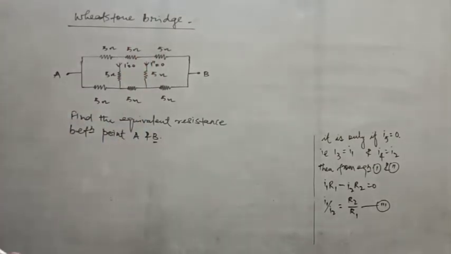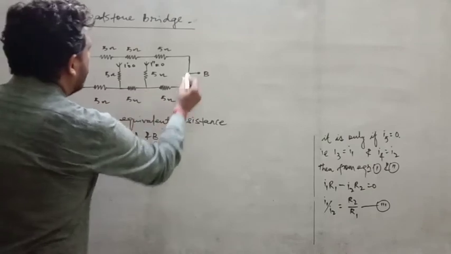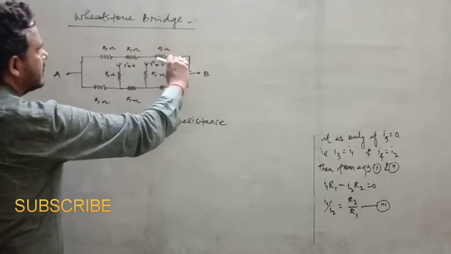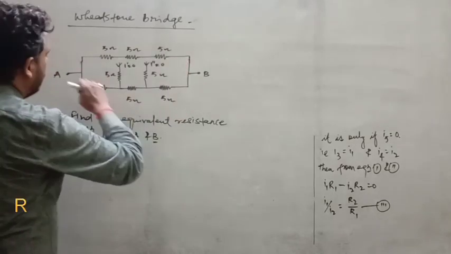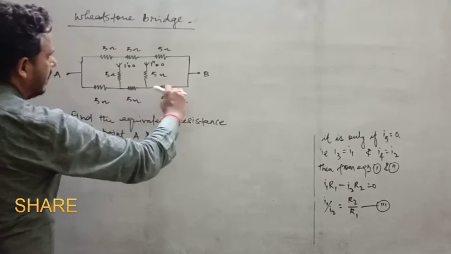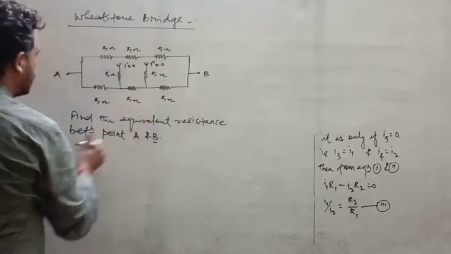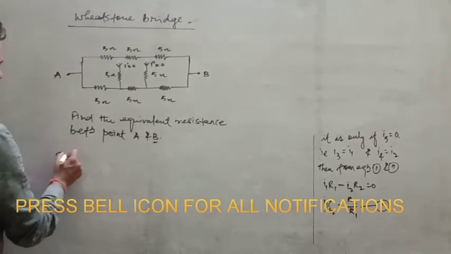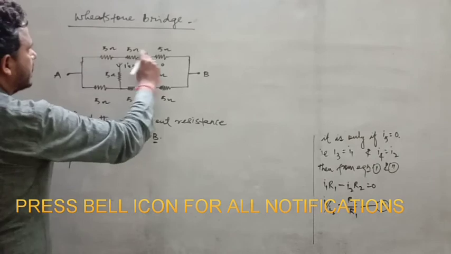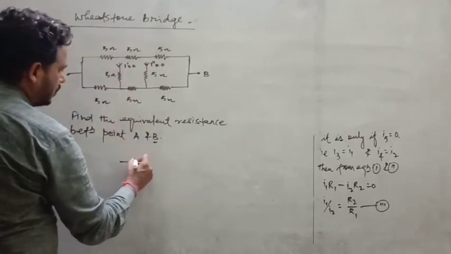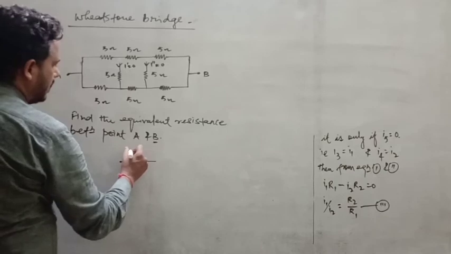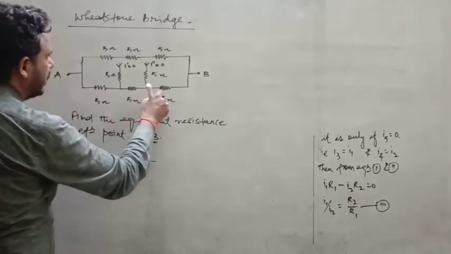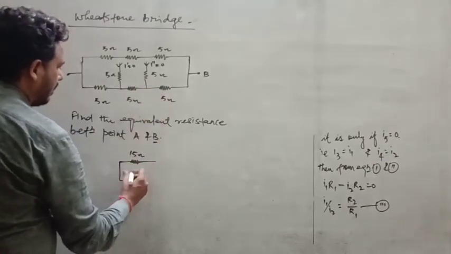Then the equivalent structure of this circuit is 3 resistances in series, and in this section also 3 resistances in series. So 3 resistances here, draw an equivalent resistance: 5 plus 5 plus 5, that is 15 ohm. And here also 5, 5, 5, so this is also 15 ohm.